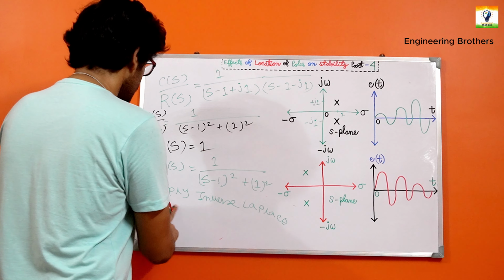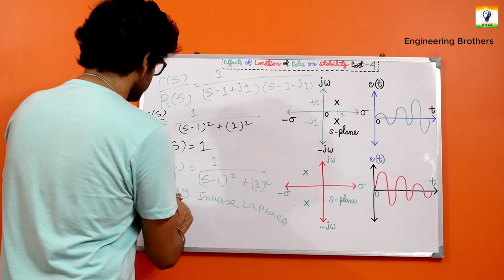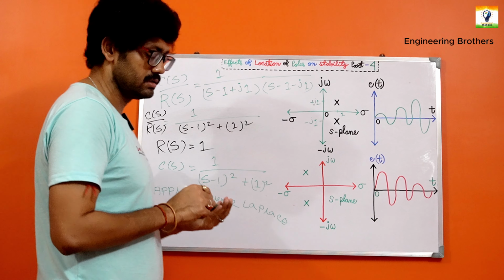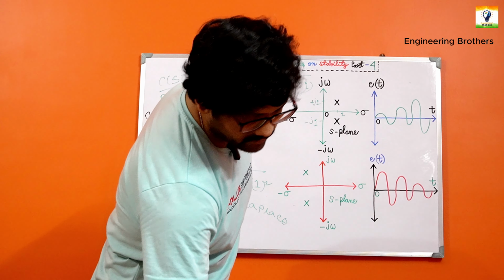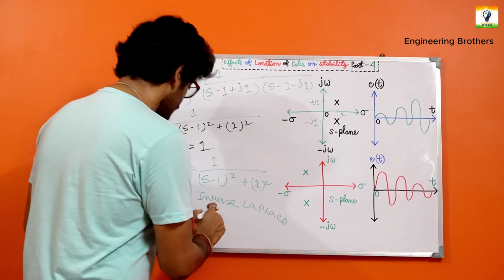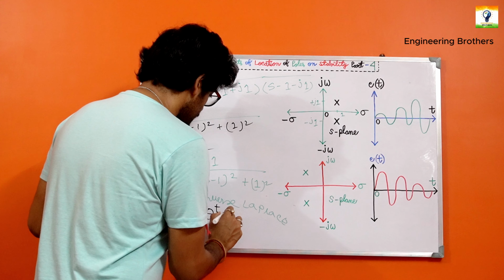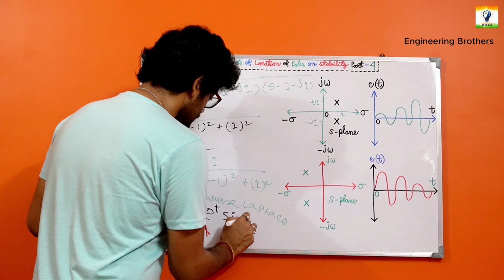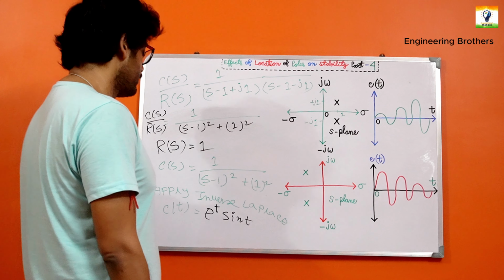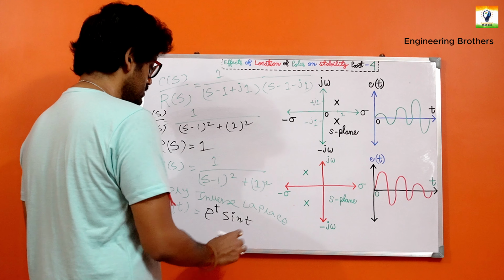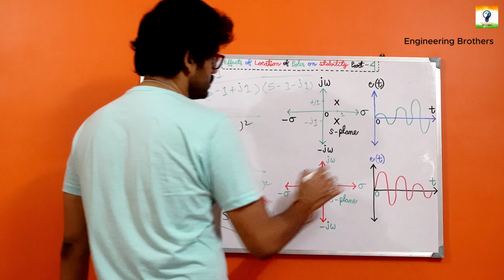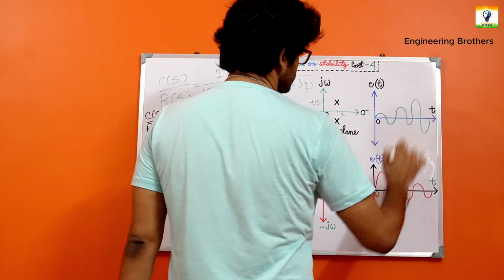Ultimately we are having the c(t) format, and the inverse Laplace of this given equation will be e to the power t sin t. The next step will be quite naturally the simpler one. Following this waveform, we require to plot c(t) versus t.